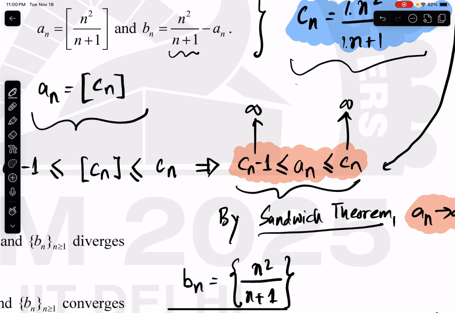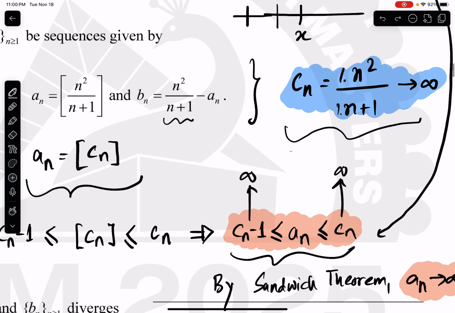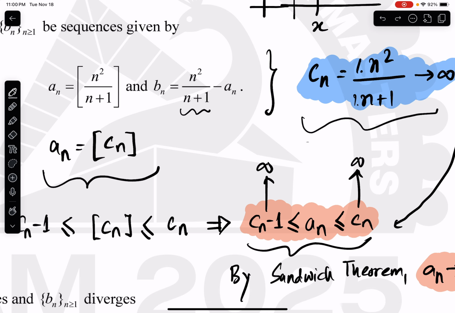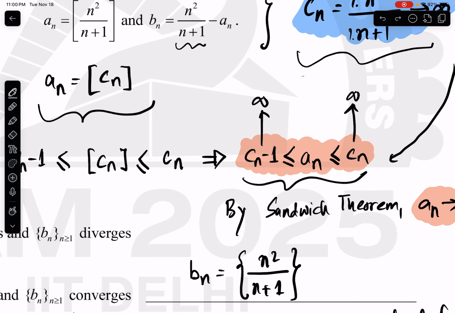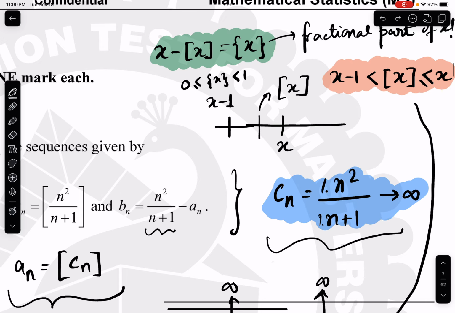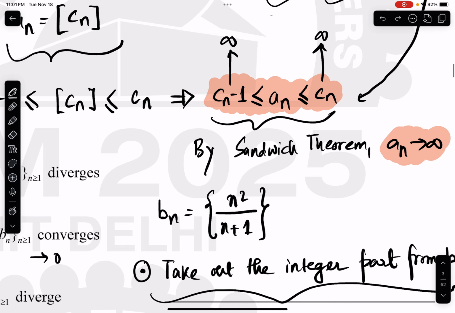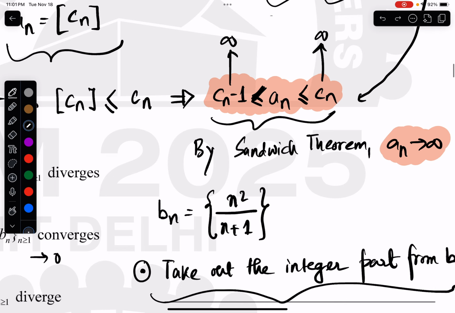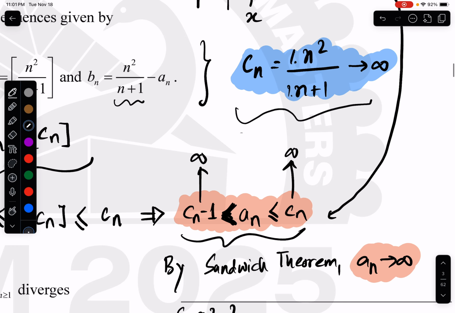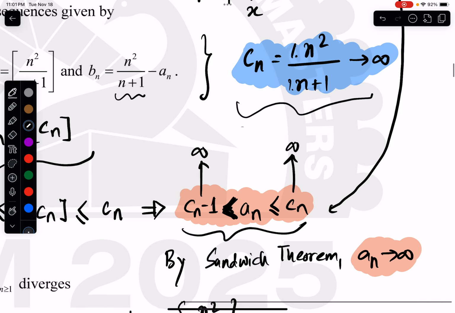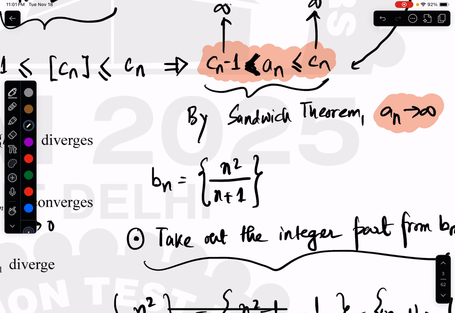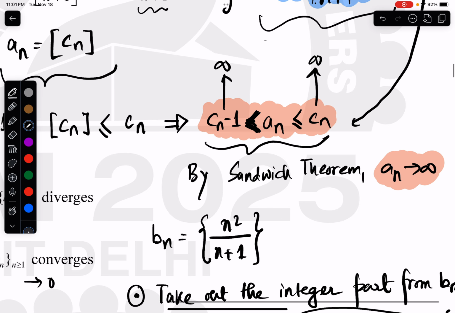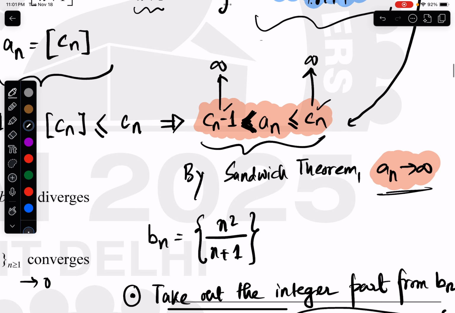Using this basic result of the greatest integer function, you get that a_n is less than or equal to c_n and greater than c_n minus 1. And you already know that c_n is going to infinity. So by the sandwich theorem, since both c_n minus 1 and c_n are going to infinity, a_n is also going to infinity.